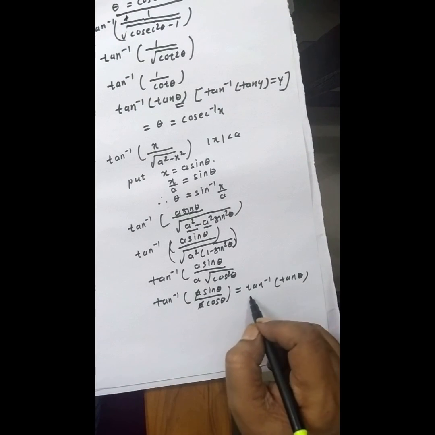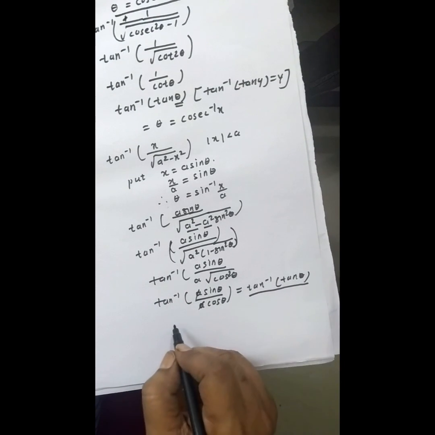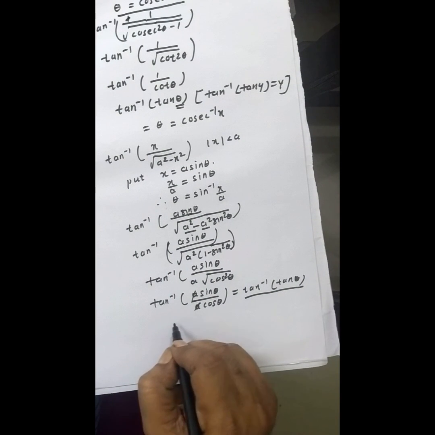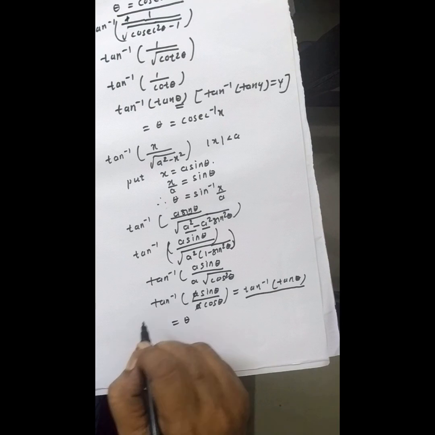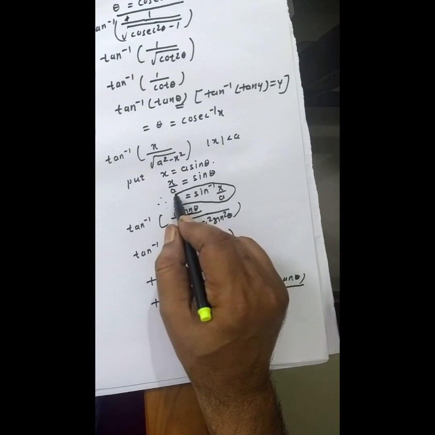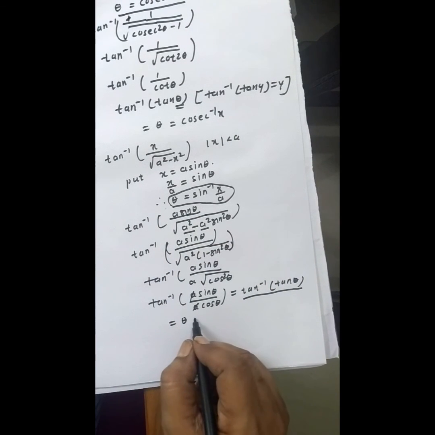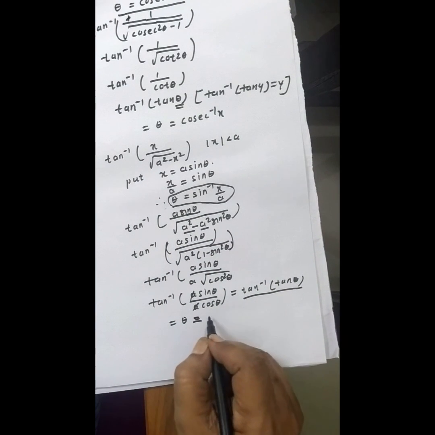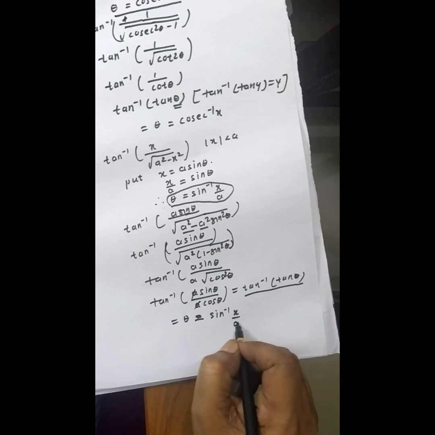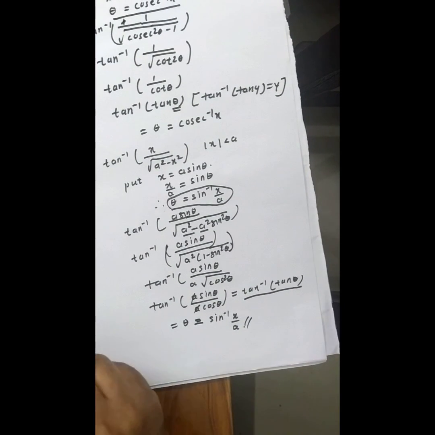Now it is like tan inverse of tan y. So what is tan inverse of tan y? Tan inverse of tan y will be y. So tan inverse of tan theta will be theta. But what is theta? Theta is sin inverse of x by a. So we can write equal to sin inverse of x by a. This is in the simplest form.